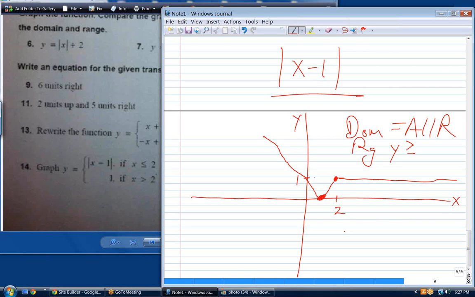When we're looking for possible values of y, I'm focused on the vertical axis only, not the horizontal axis. So the possible vertical values of y can be anything in here, all the way up to infinity. So y is greater than or equal to 0. This 2 that you were looking at is on the x-axis. That's not part of the y-axis.